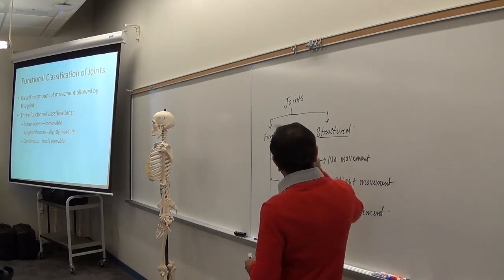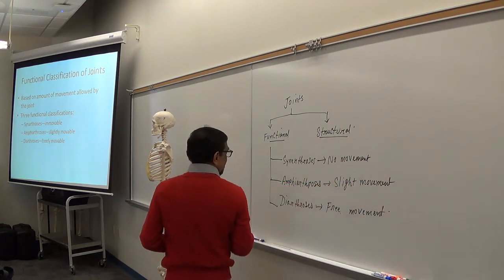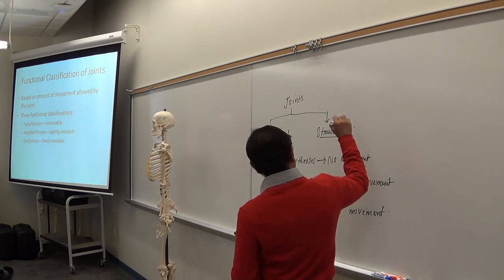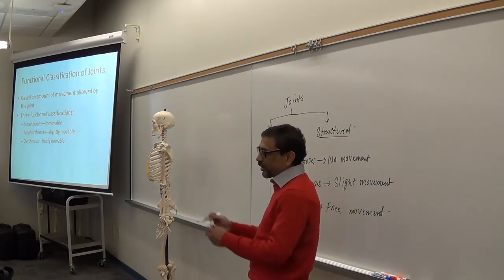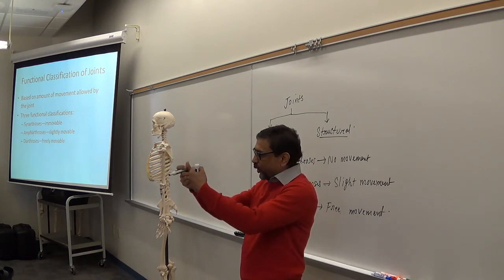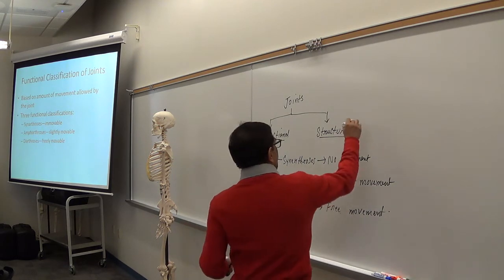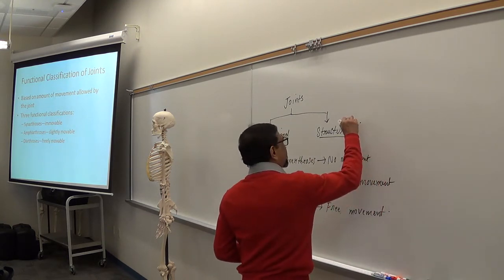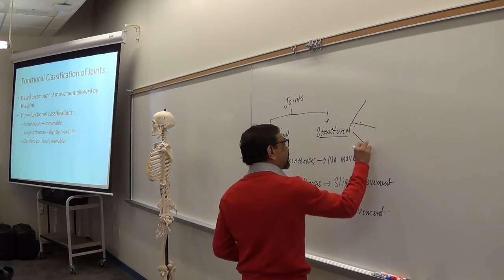Then structure. Structural classification is based on the structure in the joint, the structure holding or joining the bones together. Structural classification includes three types.